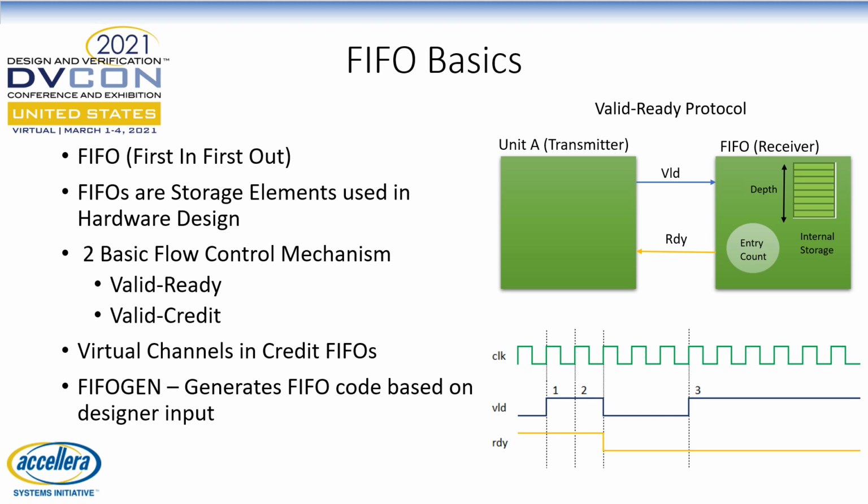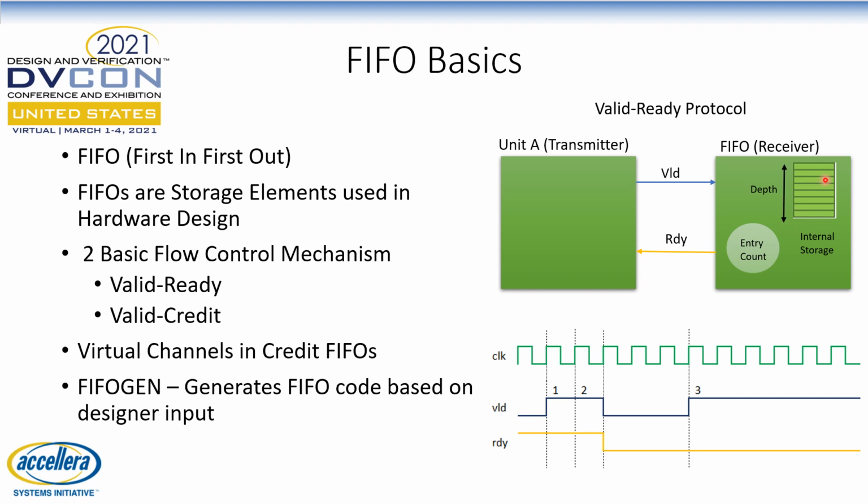FIFO is an acronym for first in, first out. FIFOs are nothing but storage elements used in hardware design. You could store a packet inside a FIFO, also known as writing to a FIFO, or you could get the packet out of the FIFO, also called reading a FIFO. Now, FIFOs have a fixed amount of storage size, also known as the depth of the FIFO.